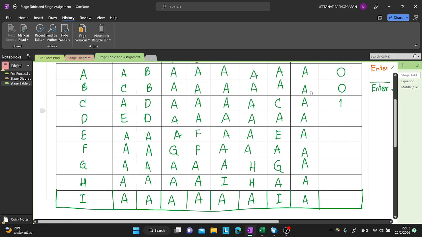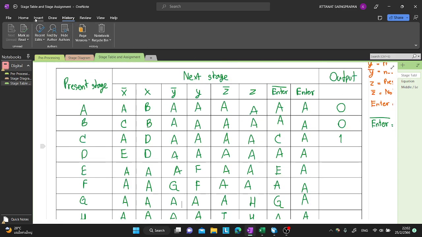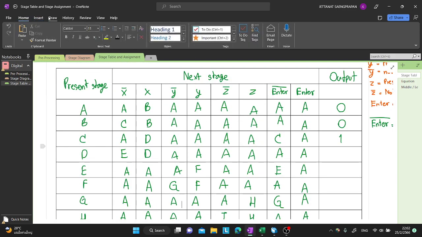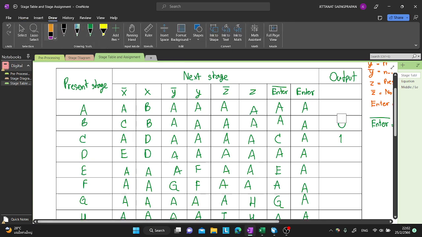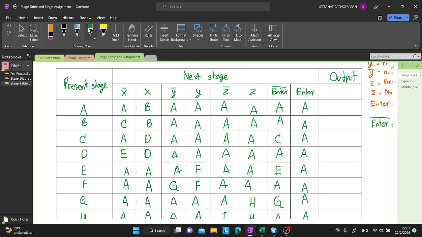So the next table is the output. I will explain again. The output is which LED shows. For state A, I assign that when I finish pressing any numbers, the LED will show.